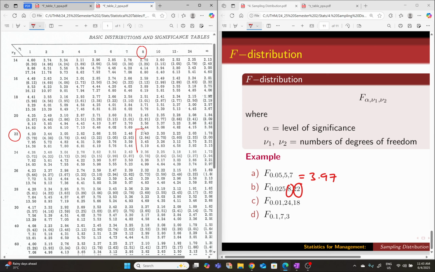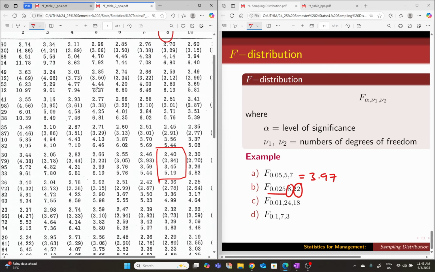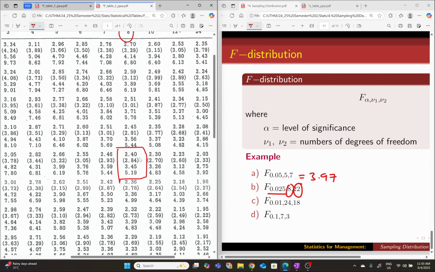So these are all the possible answers. Now look at the level of significance, 0.025. I told you which row? Second row. So you choose the second one, 2.84.